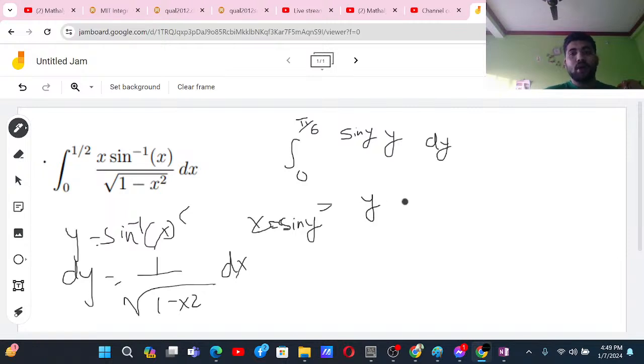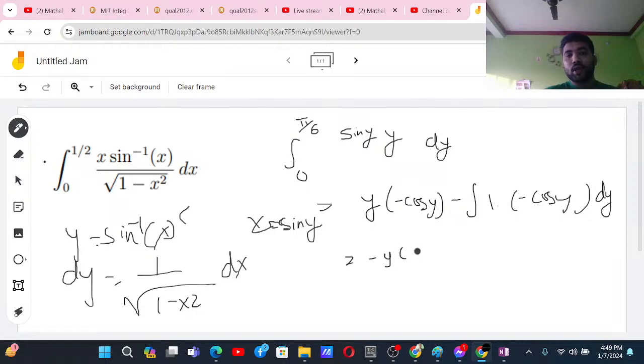That gives us y times minus cos y, minus the integral of 1 times minus cos y dy. That gives us minus y cos y plus sine y, from 0 to pi by 6.